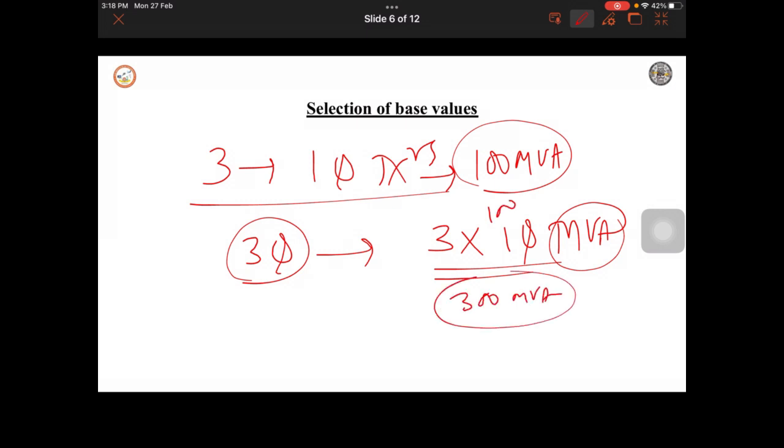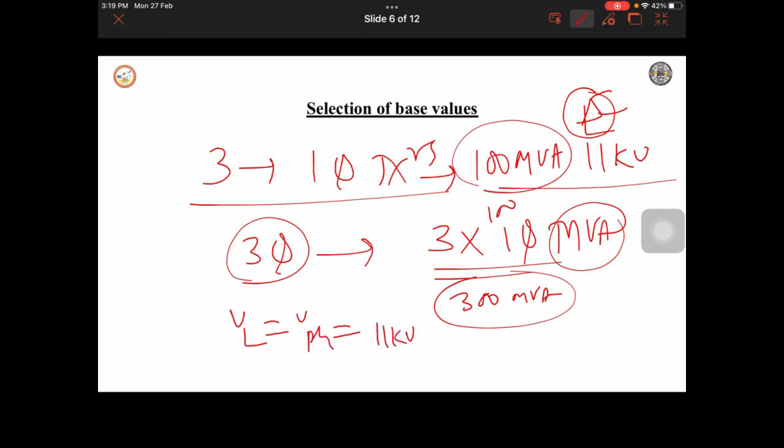But voltage, suppose single phase transformer is rated at 11 kV, then if the transformer connection is delta, it means line voltage and phase voltage are same, then VL is equal to V phase, that is 11 kV.